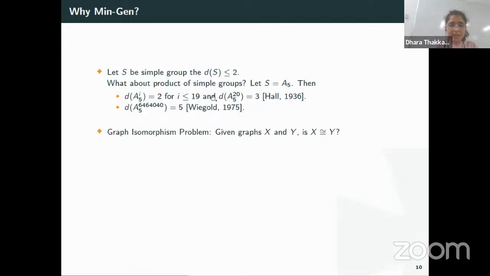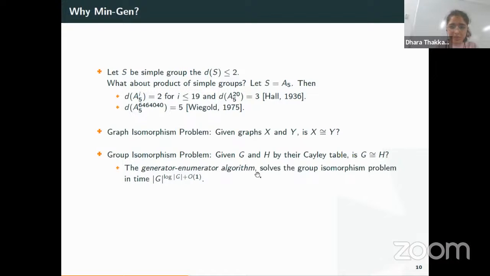And also there is this problem known as the graph isomorphism problem, where we are given two graphs X and Y, and we ask whether X is isomorphic to Y or not. The group isomorphism problem is a special case of graph isomorphism, where, given groups G and H by Cayley table, we ask whether G is isomorphic to H or not. This group isomorphism problem admits a trivial quasi-polynomial time algorithm, known as the generator enumeration algorithm, and it is very easy to understand.